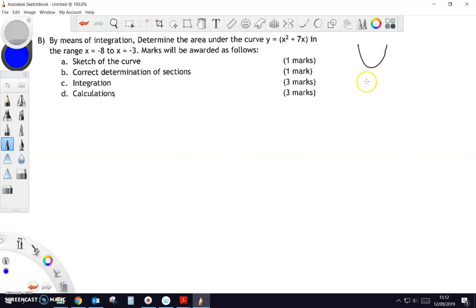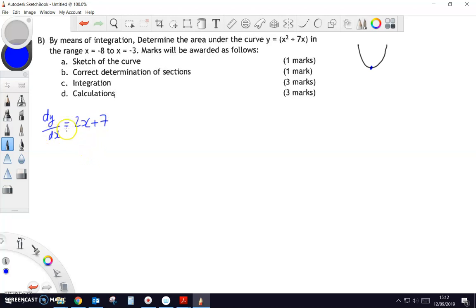We need to determine 2 or 3 points of interest in order to sketch it, and the first point will be the minimum point, the point at the very bottom, and we do that using differentiation. We get the first derivative of y, so dy/dx equals 2x plus 7.